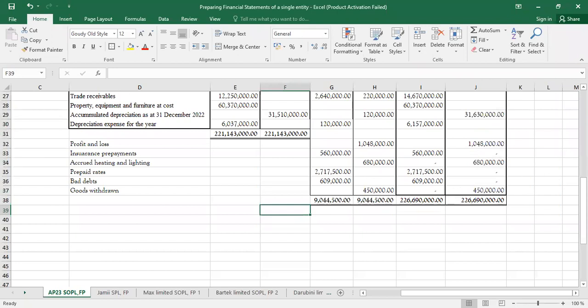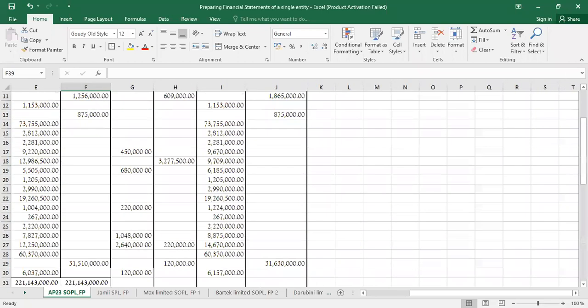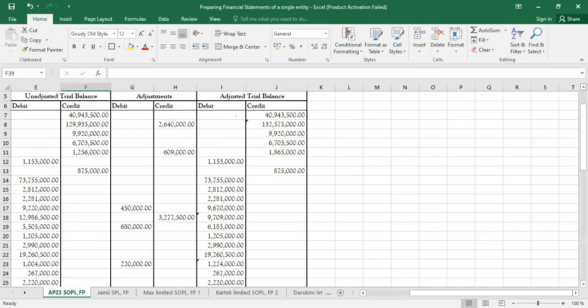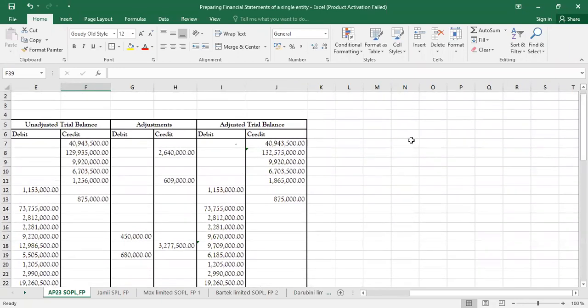So now what is remaining is to go and create the statement of profit and loss. The first thing, this question was named as an audit question, but actually it's more of preparing a financial statement. Here I'll do Control Alt, then Shift net balance.